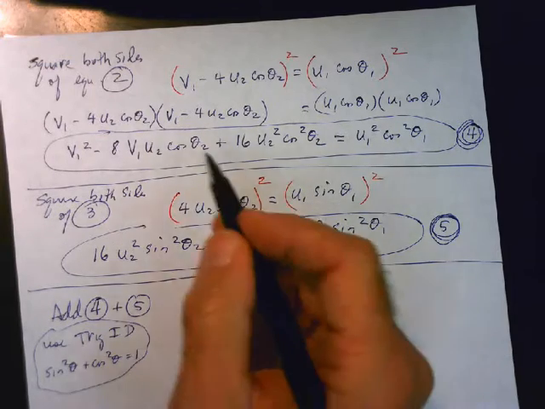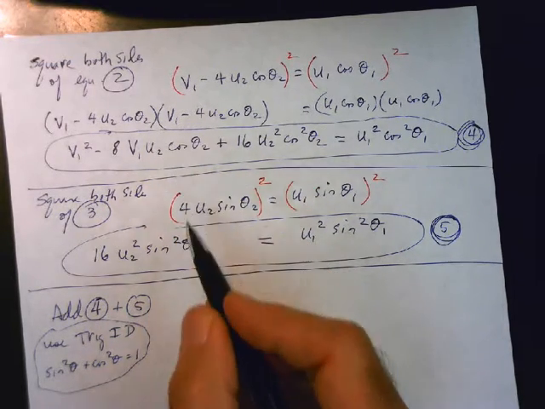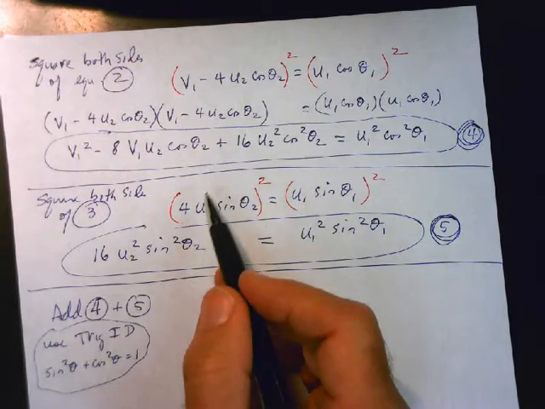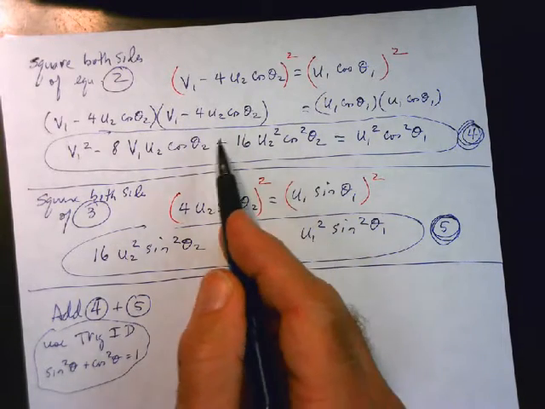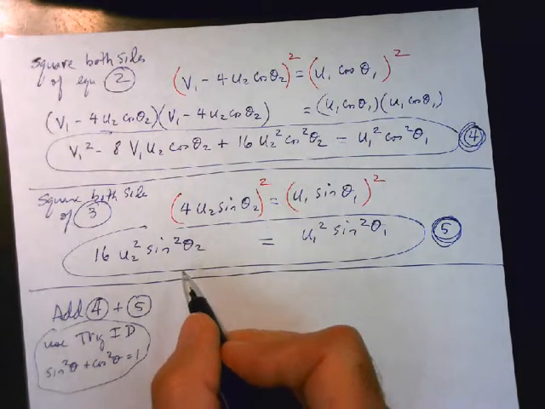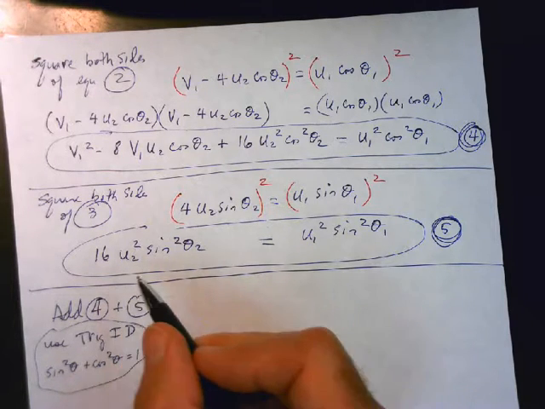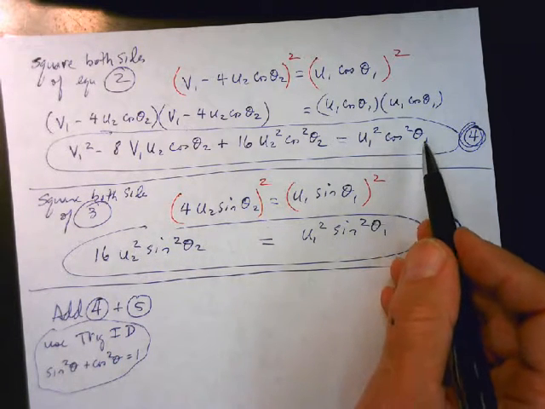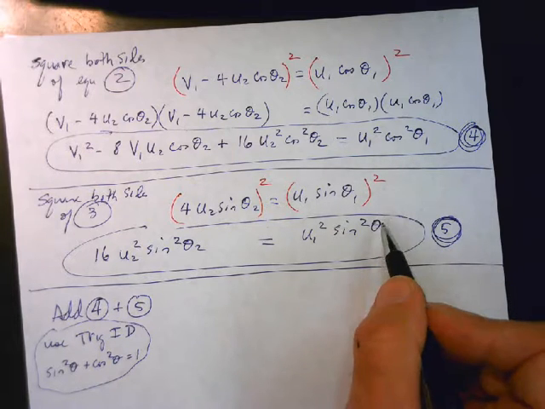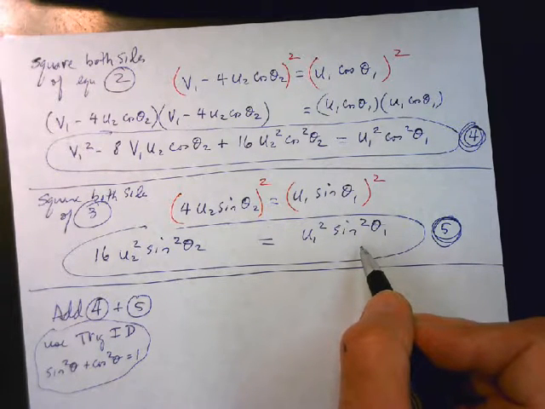Okay, so let's add this equation here with this equation here. We'll take the left-hand stuff and add it to the left-hand stuff here, and then we'll take the right-hand stuff of equation 4 and add it to the right-hand stuff of equation 5.